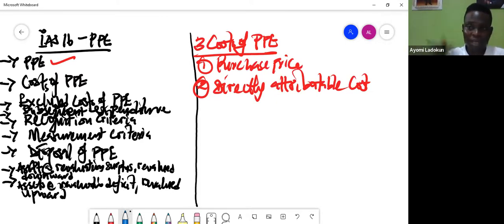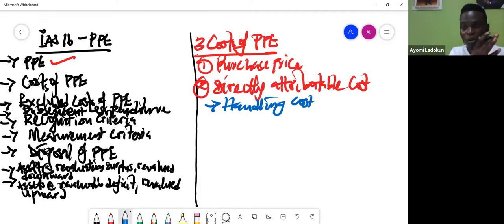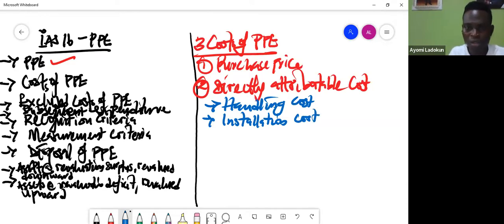So after buying a mechanical generator, I paid for handling costs. They have to handle it for me, okay? It is part of the cost of PPE. Installation, when I take it to my center or my house or my company, I incur some installation costs. But before I buy it, I paid professional fee, okay?